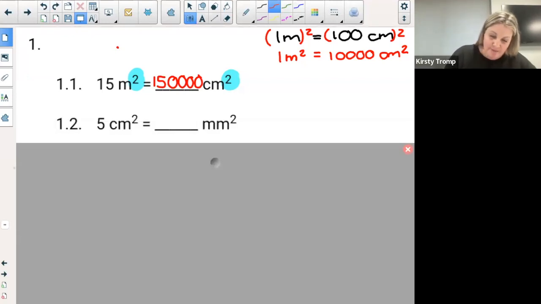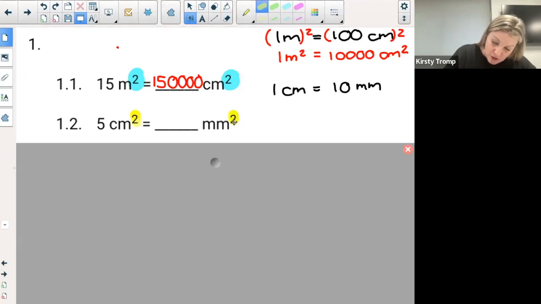All right. Now we need to go from centimeters to millimeters. So we know that 1 centimeter equals 10 millimeters. But we're not just looking for centimeters and millimeters. Remember, we need to look for squared.